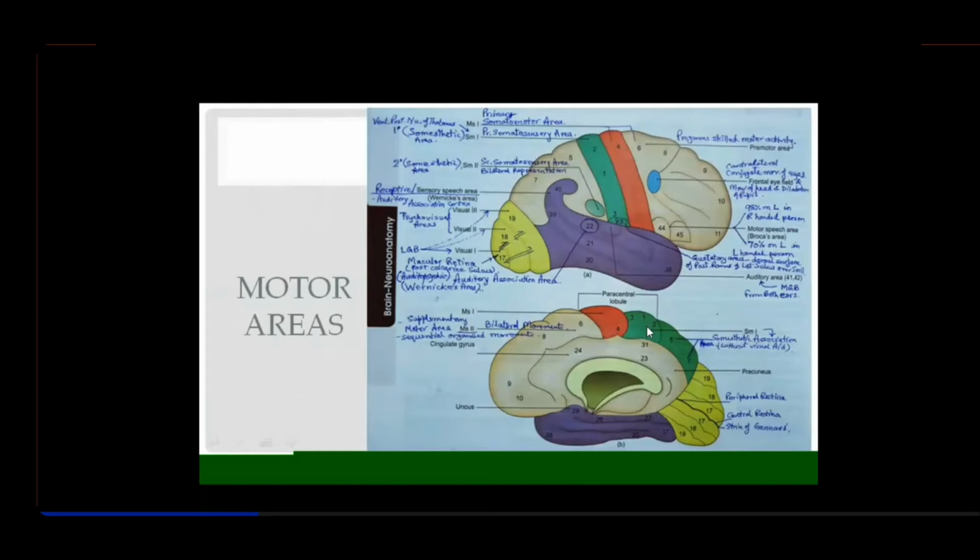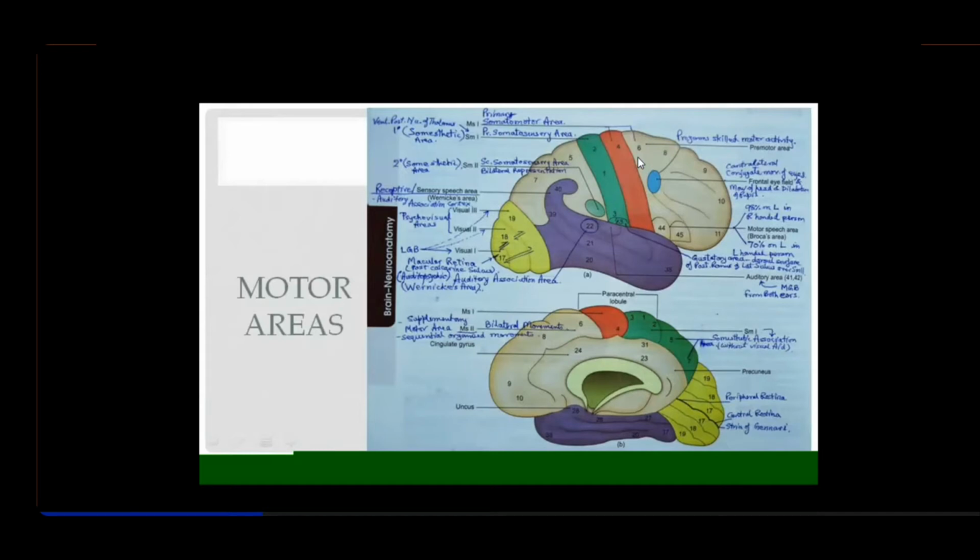Both these pre- and postcentral gyri, when they reach the medial surface, together are called the paracentral lobule, right? And this area is termed MS1. MS1 is actually area number 4 completely, on the supralateral surface as well as on the medial surface. But on the supralateral surface it includes area number 6 also: MS1, the primary somatomotor area.